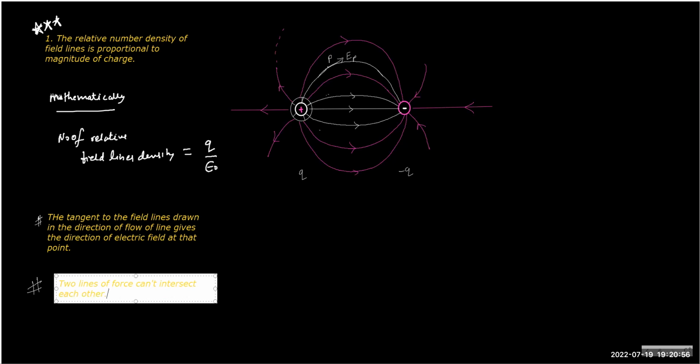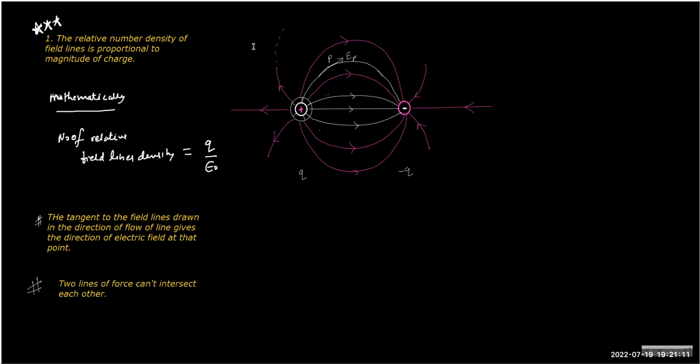Why can they not intersect? Because each line has a unique direction of electric field. Because an intersection leads to an ambiguity of the tangent.